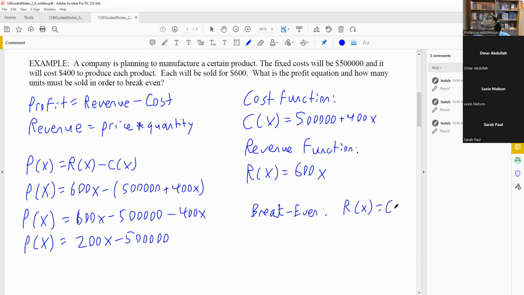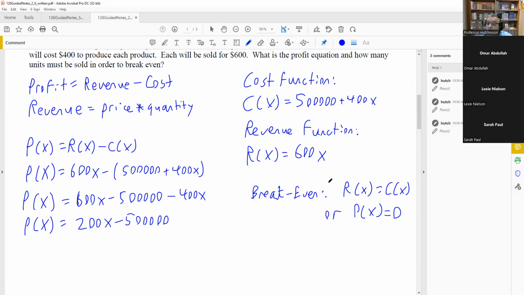So R of X equals C of X is one way to do it. Or if the profit equals 0, that's another way to tell the break even. Okay, so right there, if the profit equals 0, that means you didn't get a gain, you didn't get a loss. That means you exactly broke even.